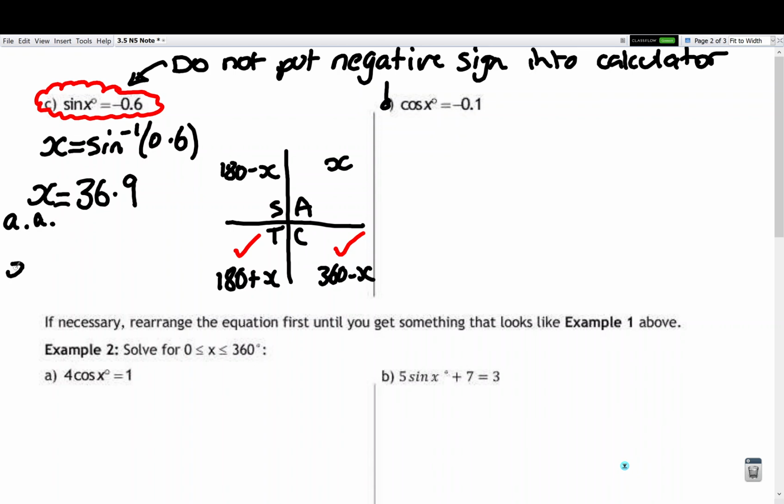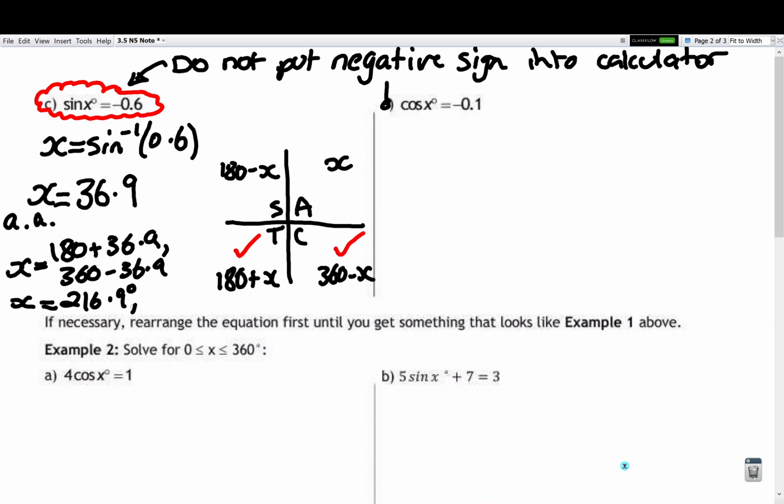So our solutions for x: we have to do both of these things with our 36.9. We do 180 plus 36.9, and we do 360 minus 36.9. So 180 plus 36.9 is 216.9 degrees.